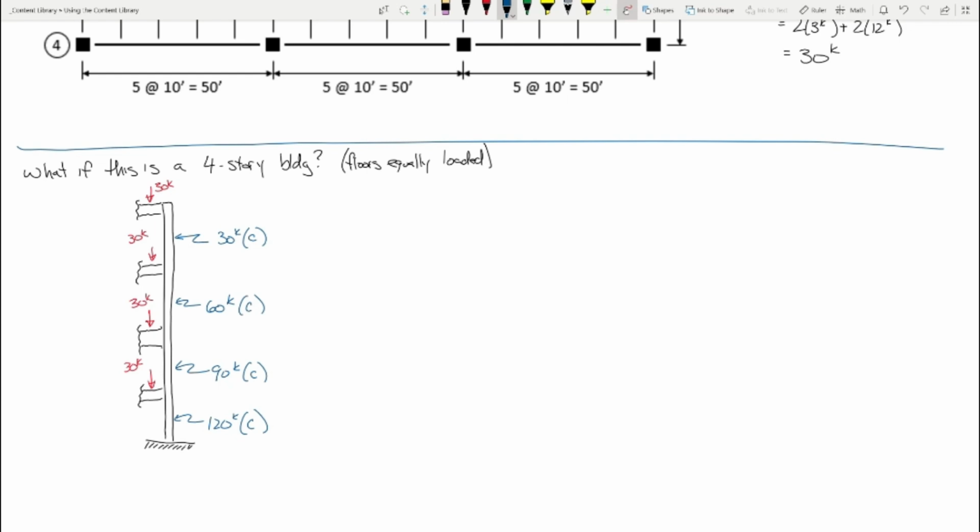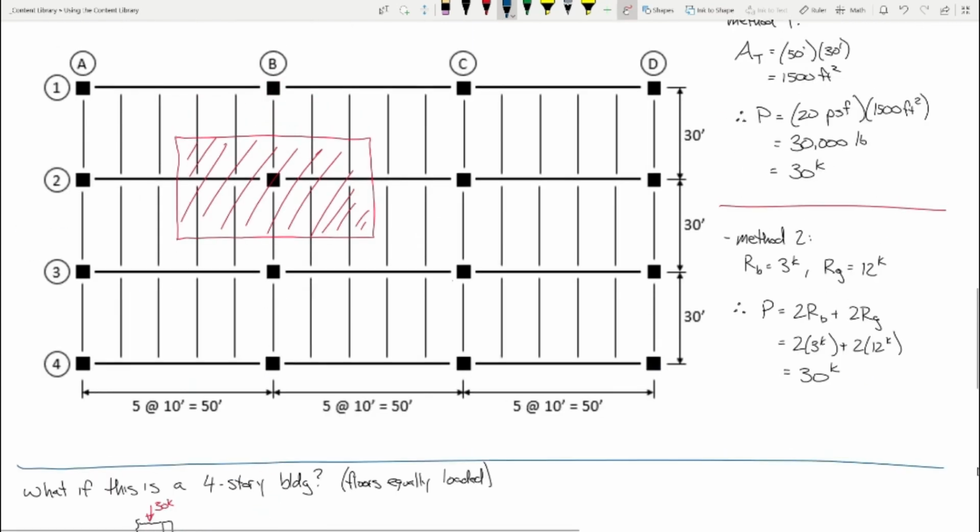Now, here's another question. If we're talking about gravity load, which is in the direction of gravity, which columns are going to be the smallest in the building? The outside ones? Not just the outside, well, more specifically, the corner columns. The corner columns are going to be the smallest, right? Why? Because their tributary area is the smallest, right?